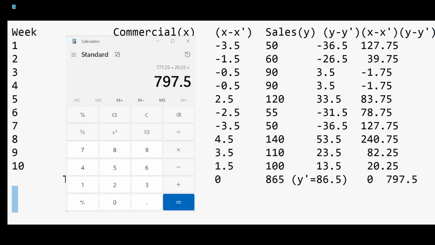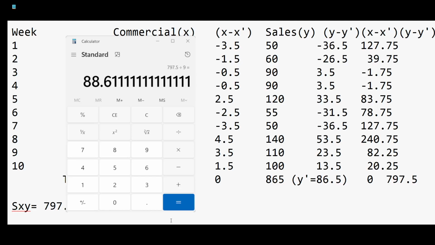So our SXY is equal to the summation, 797.5 divided by 10 minus 1. That's divided by 9 equals 88.61.